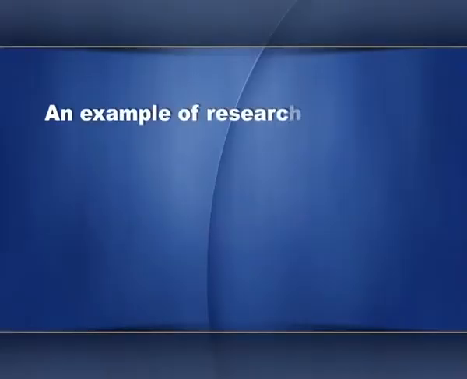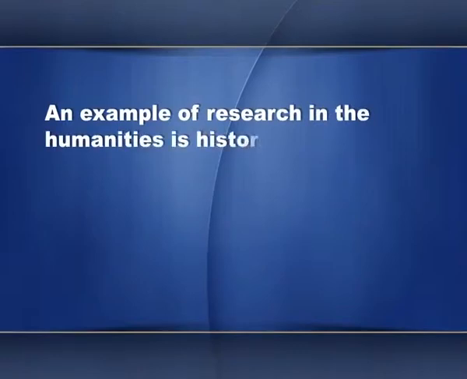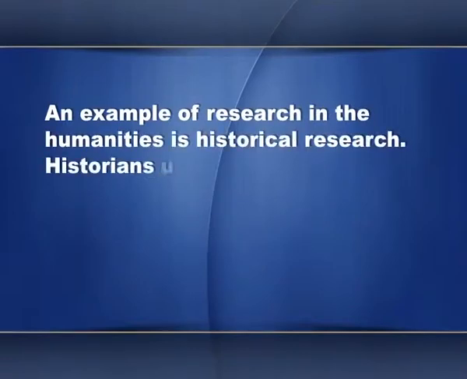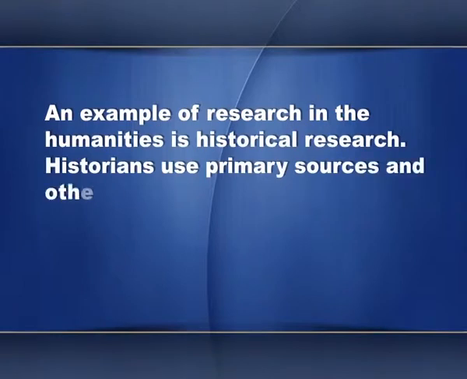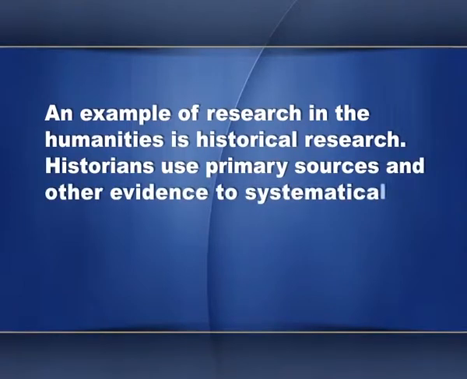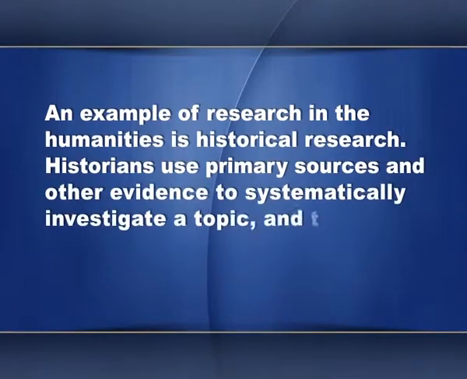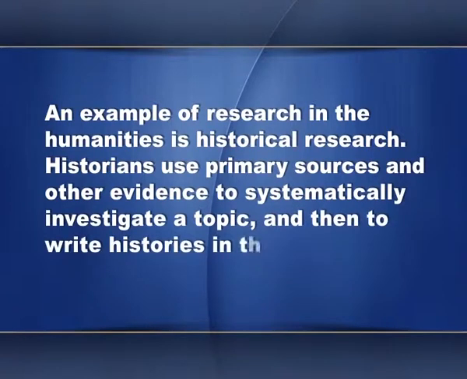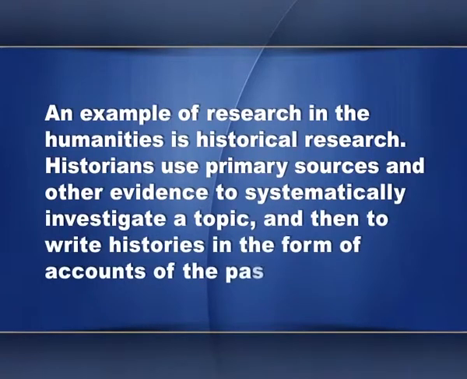An example of research in the humanities is historical research. Historians use primary sources and other evidence to systematically investigate a topic, and then to write histories in the form of accounts of the past.